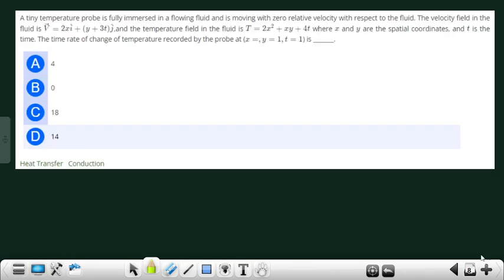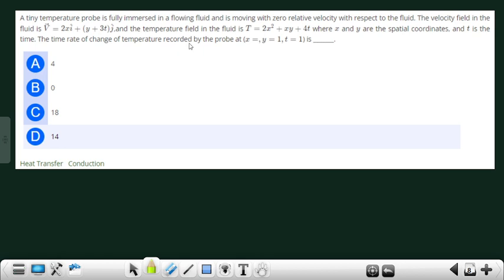Next question, a tiny temperature probe is fully immersed in flowing fluid and is moving with zero relative velocity with respect to the fluid. The velocity field in the fluid is given by v vector is equal to 2x i cap plus (y plus 3t) j cap, and the temperature field in the fluid is given by T is equal to 2x square plus xy plus 40, where x and y are spatial coordinates and t is the time.